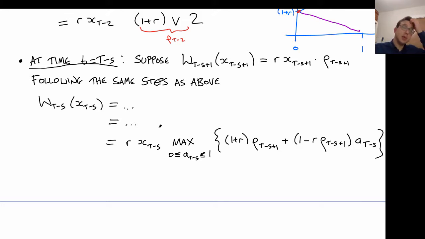So that's what we're going to get by doing exactly the same steps as previously. Once again, it's a line.